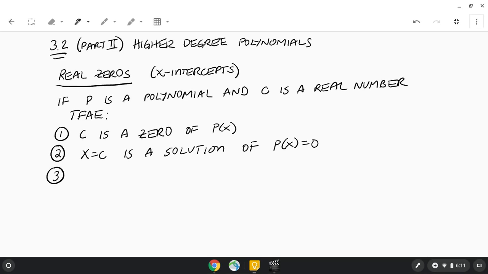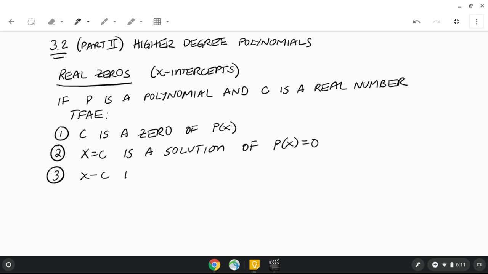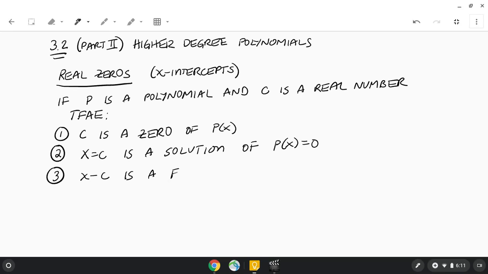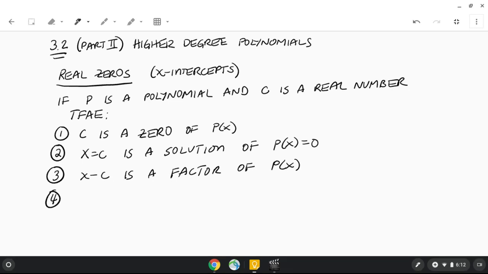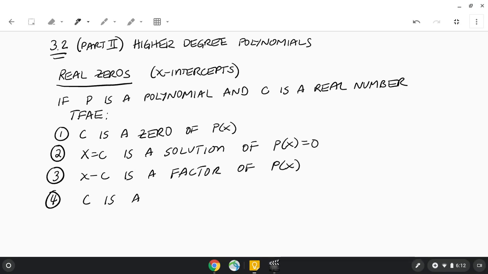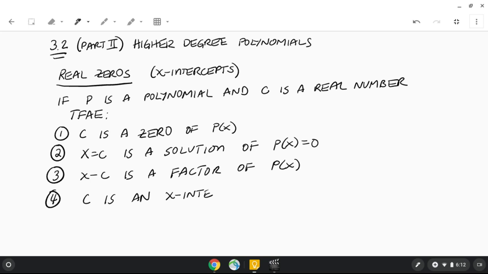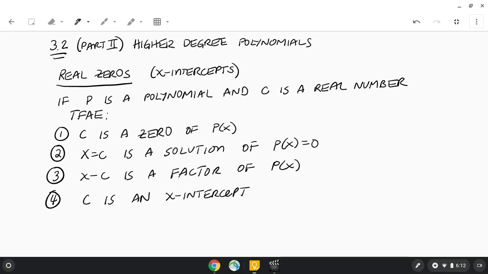And that's the same as saying that x minus c is a factor of p of x. And that's all the same as saying c is an x-intercept of p of x.